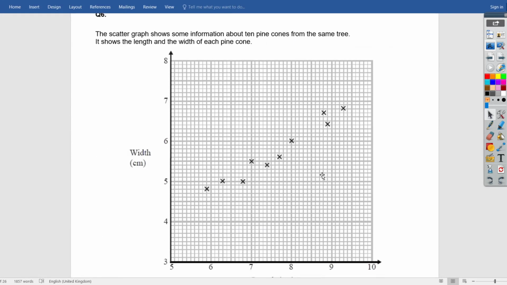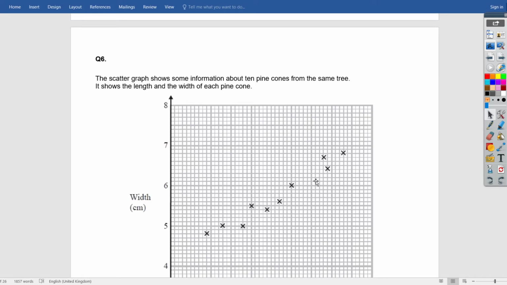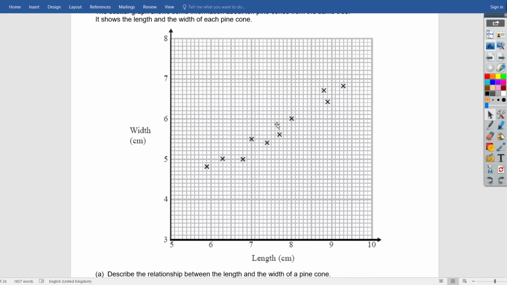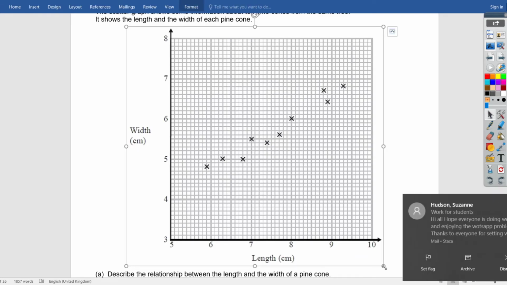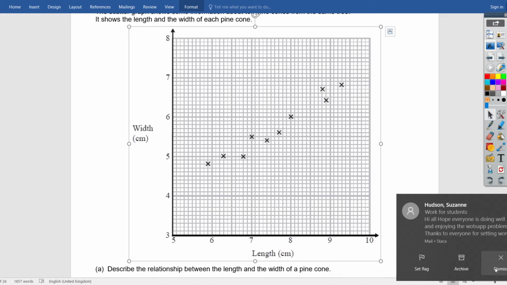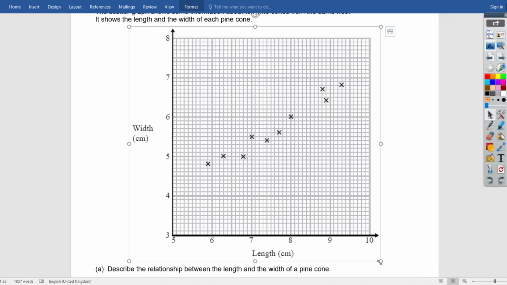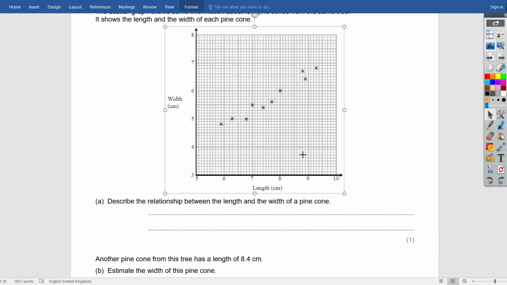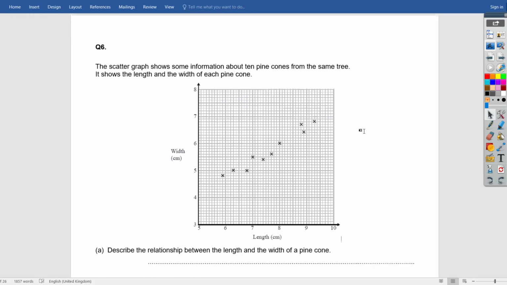So, a quick look at question 6. The scatter graph shows some information about 10 pine cones from the same tree. It shows the length and the width of each pine cone. So straight away, this is a scatter diagram, and as you can see, that looks like a positive correlation. Let's just shrink this slightly. So if we go and put that there.